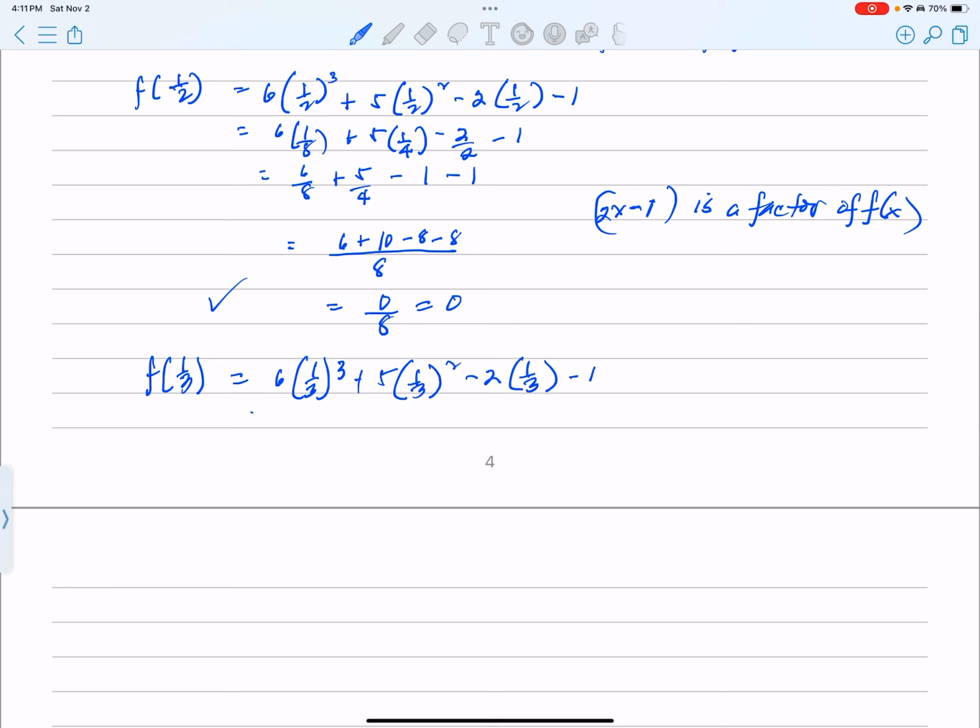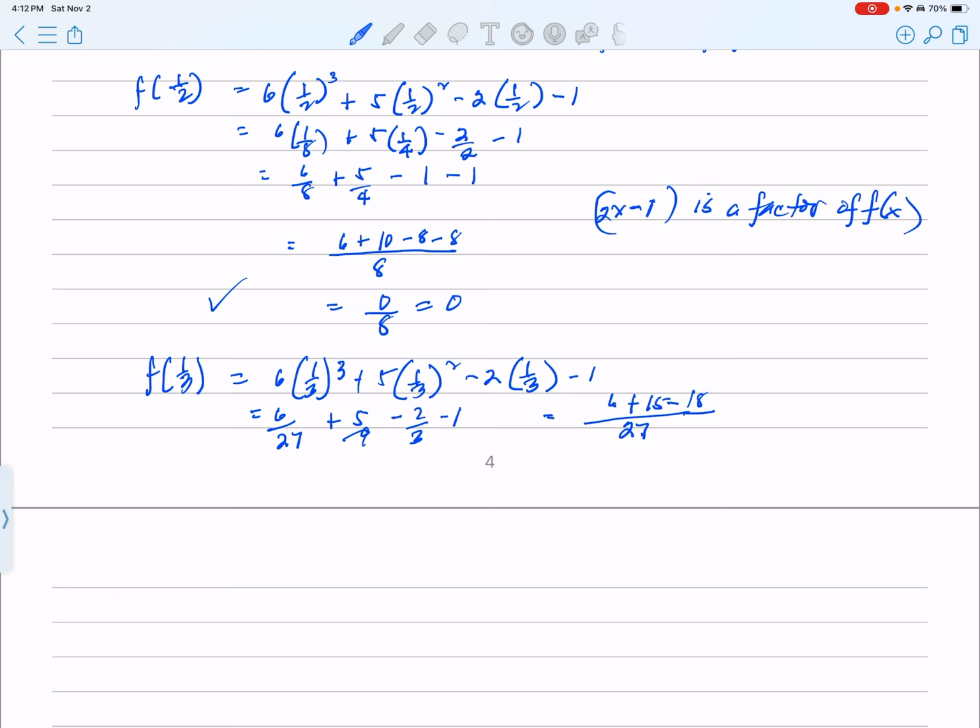So 1/3 cubed is 1/27, so this is 6/27. 1/3 squared is 1/9, that's 5/9. Then 2/3 minus 1. So let's have the LCD of 27. So this will be 6. 27 divided by 9 is 3, times 5, that's 15. 27 divided by 3 is 9, times 2, 18.